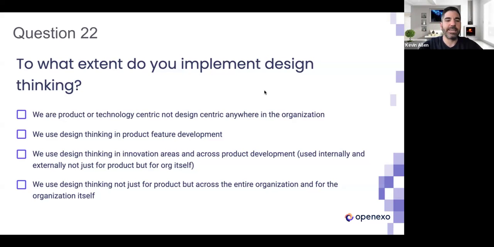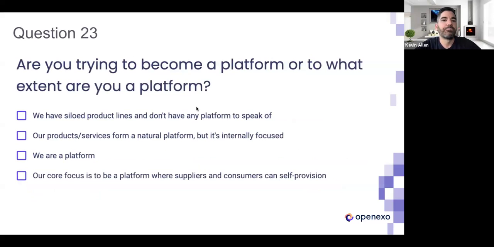This one you also see quite a spread of answers. Then, are you trying to become a platform, or to what extent are you a platform? And so this also gives insight into the aspirations of the business, and can be used to get a good understanding of where different members of the team are.